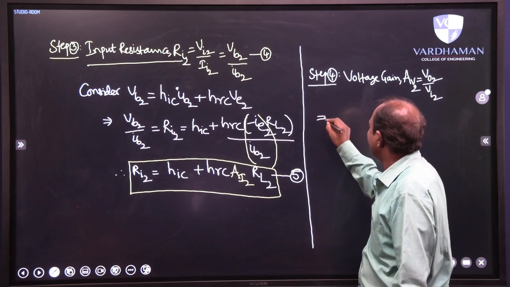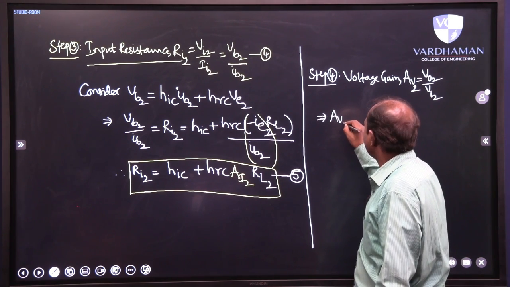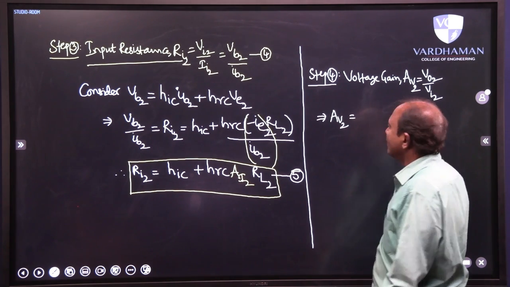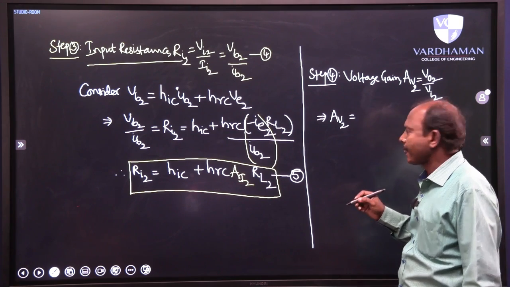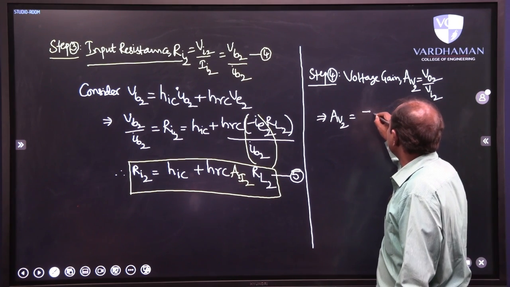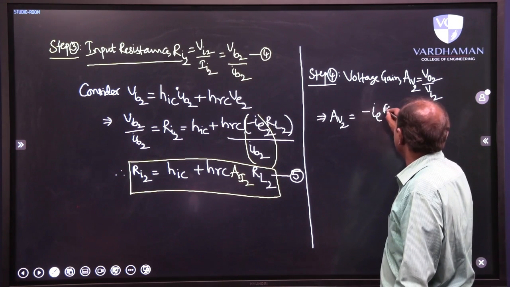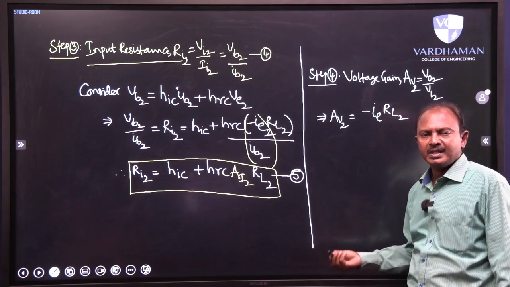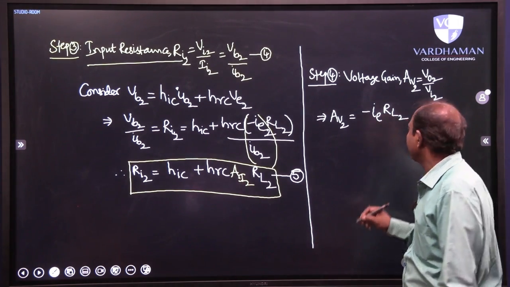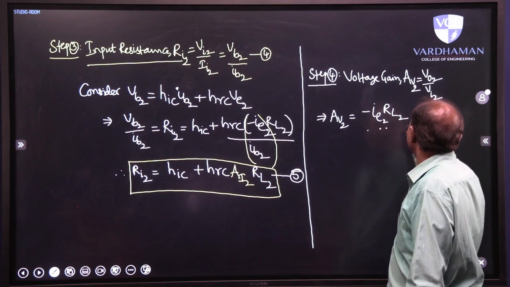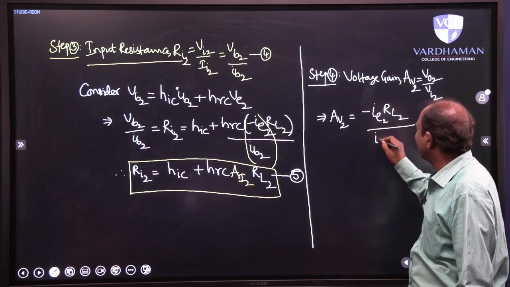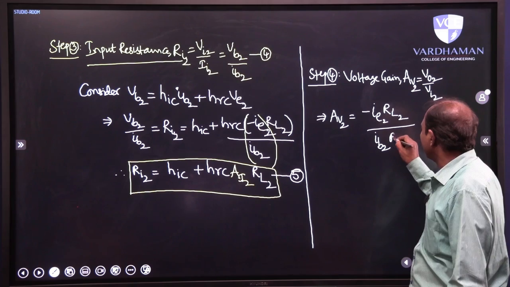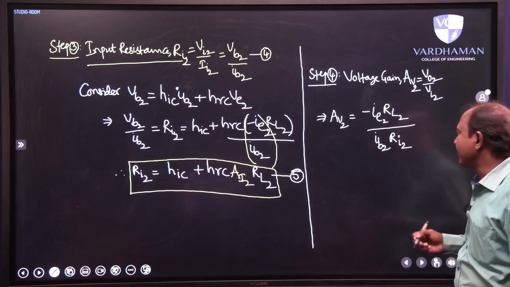That is, AV2 equal to V02 by Vi2 is nothing but minus IE2 RL2, since V02 is nothing but VE2, that is minus IE2 RL2, by Vi2, which is nothing but IB2 into RI2.